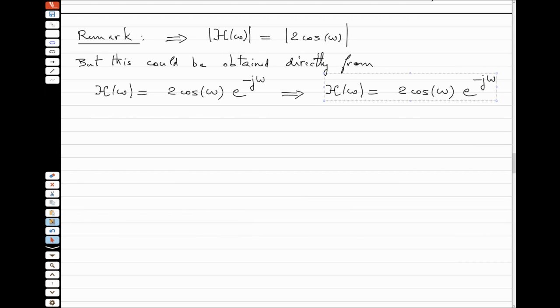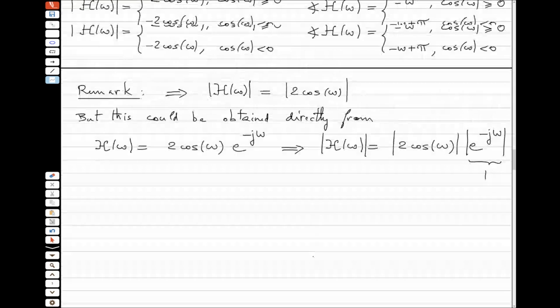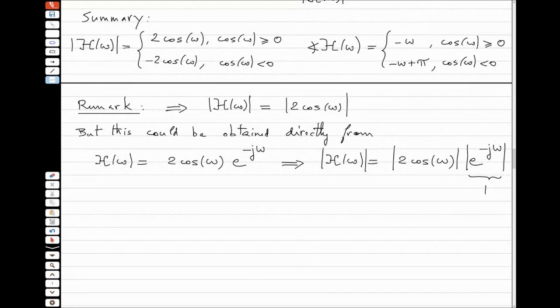It implies that the magnitude is absolute value of this times absolute value of this. But, I'm sorry, magnitude. But what is the magnitude of this number, which is on the unit circle, is 1. So you get this right away. Okay? There was no need to do this complicated thing.